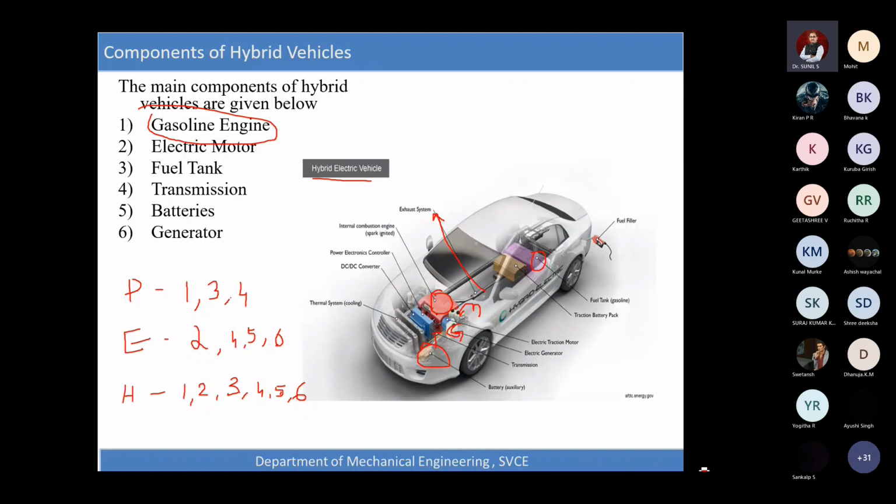You can list down the different components. Any doubts you can discuss here. In the next one by one component, we will be studying in detail.